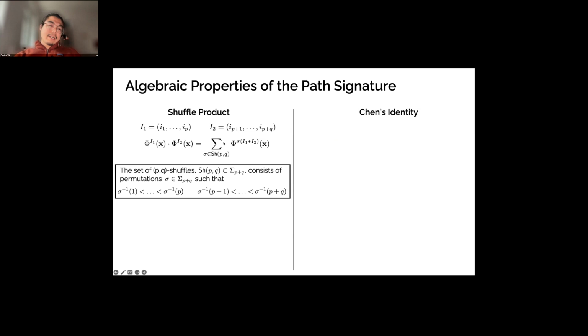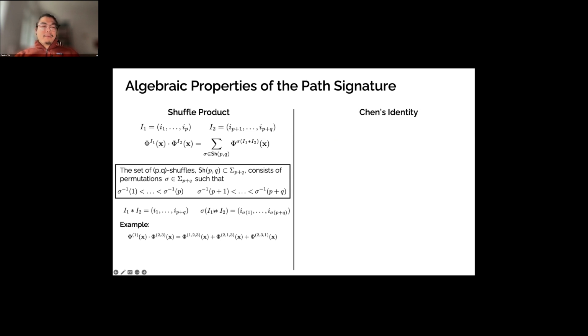In particular, these higher order terms are indexed by what are called shuffles. As an example, let's say that we want to multiply phi^1 with phi^{2,3}. All we're doing here is shuffling the multi-index consisting of the single element 1 with the multi-index 2,3. So we're just moving 1 in between, in all of the possible places between 2 and 3.